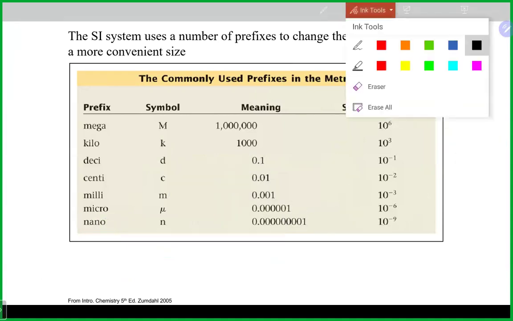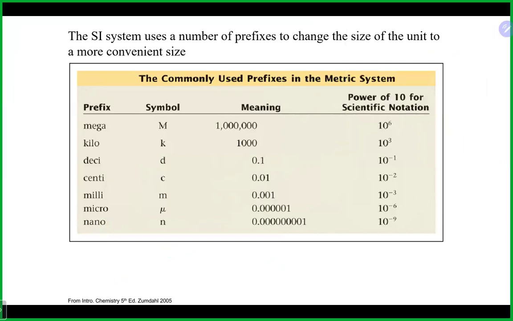So let's just say we were doing 5.2 kilometers to millimeters, right? Now, sometimes people will want to just directly go from kilometers to millimeters. And like I said, very often they will screw it up and not be sure how to do the conversion.